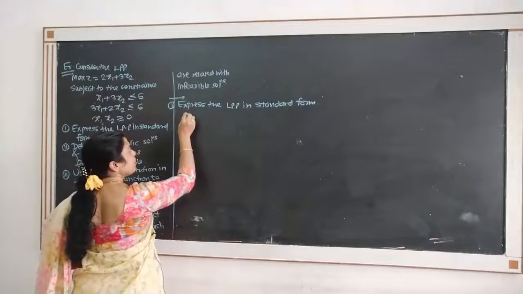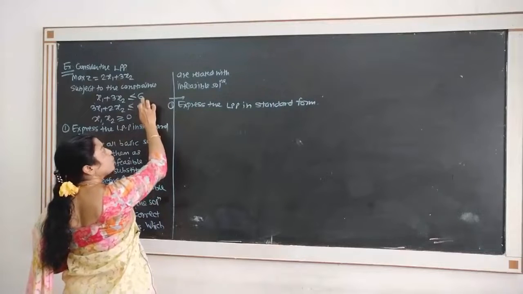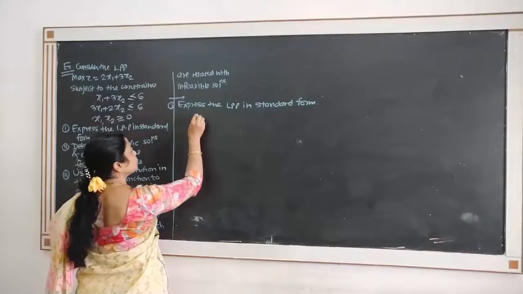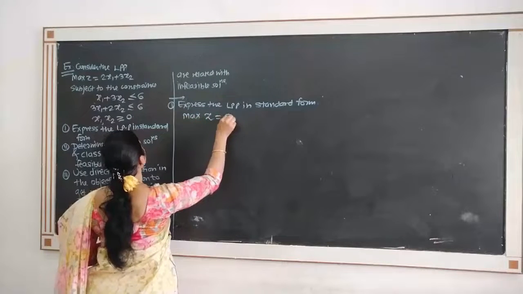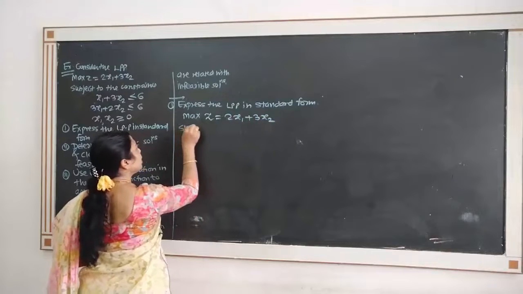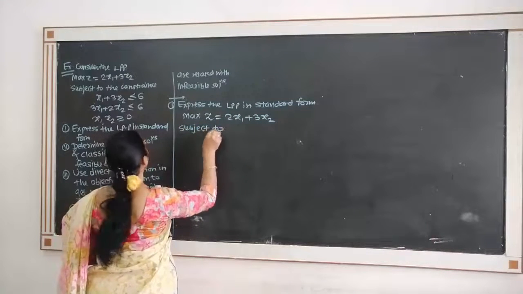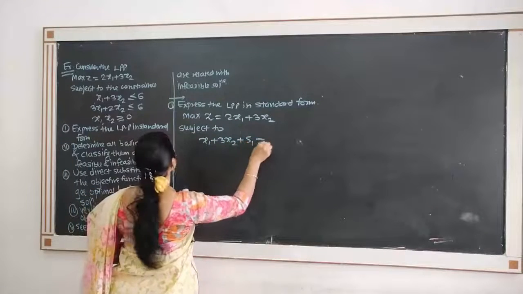To express the LPP in standard form, because these are less than or equal to constraints, we have to add slack variables. So our example becomes: maximize z equals 2x1 plus 3x2 subject to the constraints x1 plus 3x2 plus s1 equals 6.